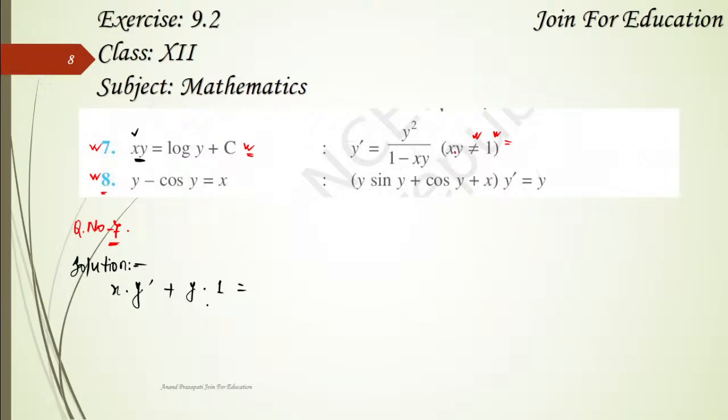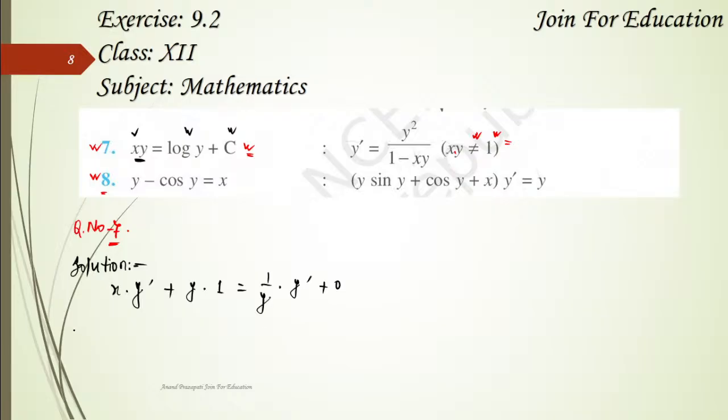Hope that there is no problem to understand up to this step. The derivative of log y equals 1/y times the derivative of y, which is y'. The derivative of c will be 0 because c is a constant.